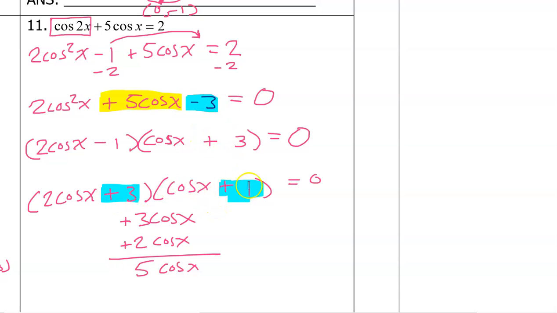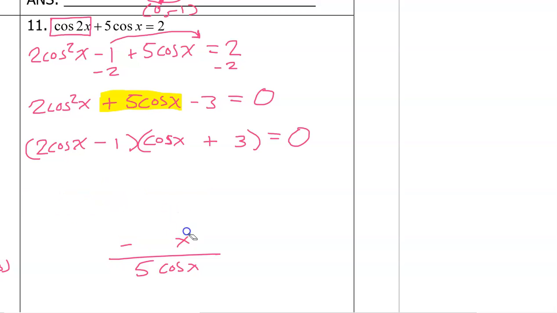Obviously the answer is no. That's why this one doesn't work, because this would give me a positive 3 when I need a negative 3. So don't forget that one last little step, because every now and then it's the step that makes the difference.